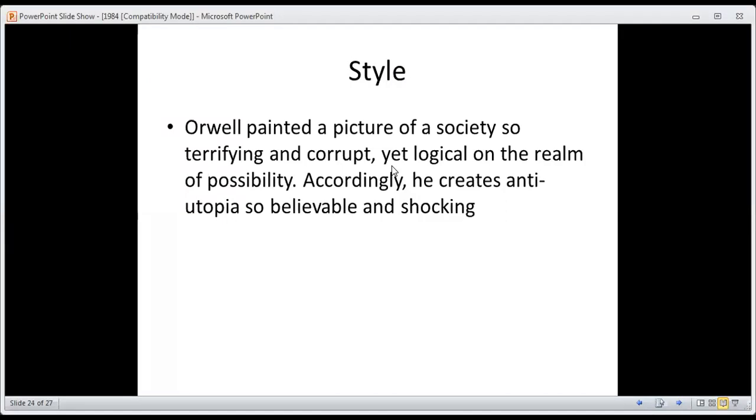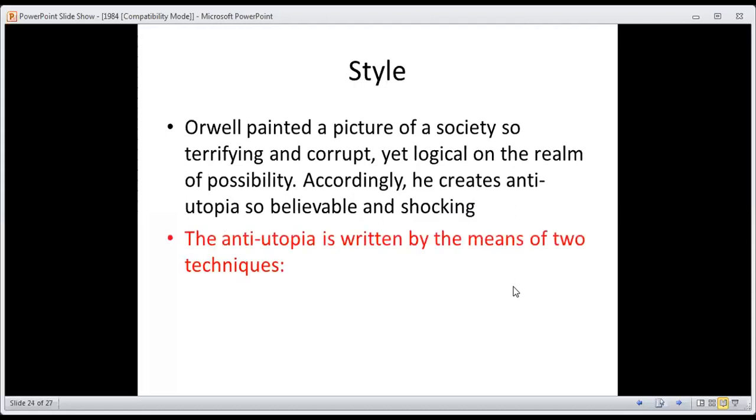Corrupt and terrifying, but logical with some exaggeration. Accordingly, the writer creates a kind of anti-utopia, as we said, so believable and shocking, right?